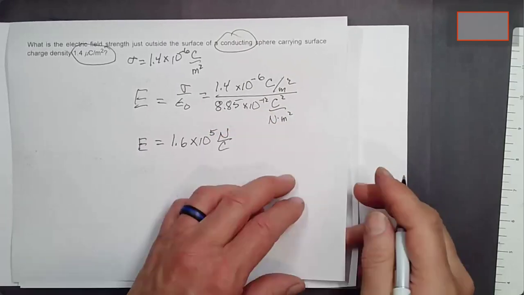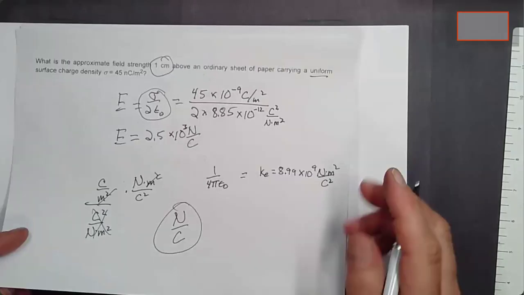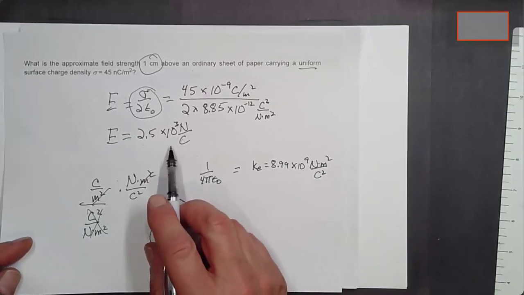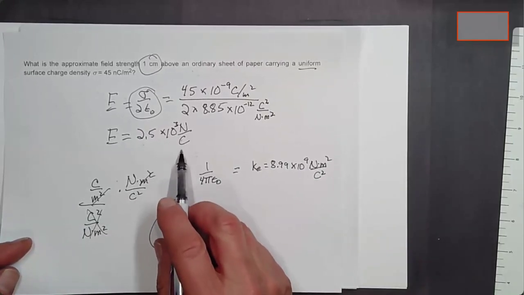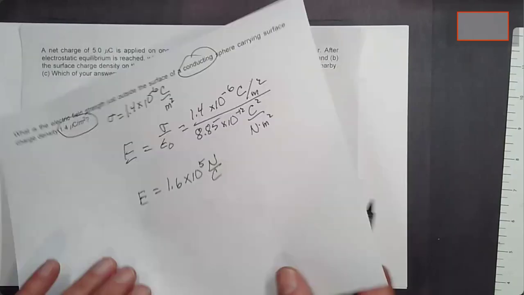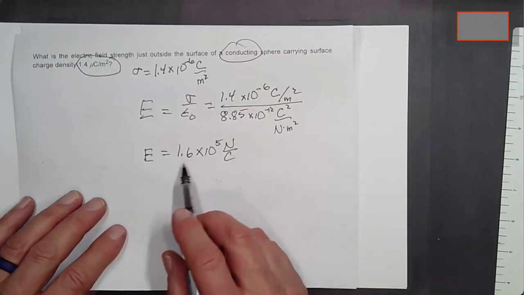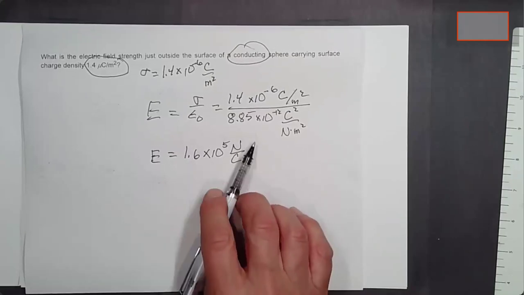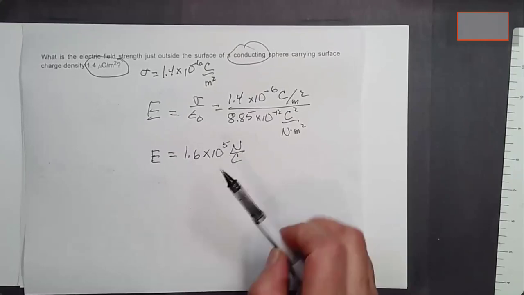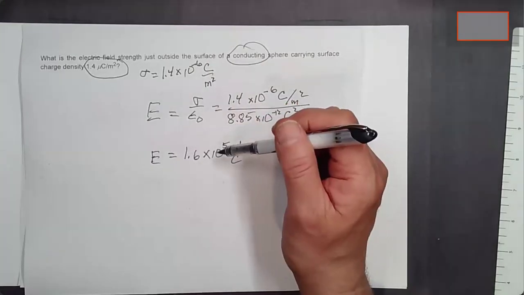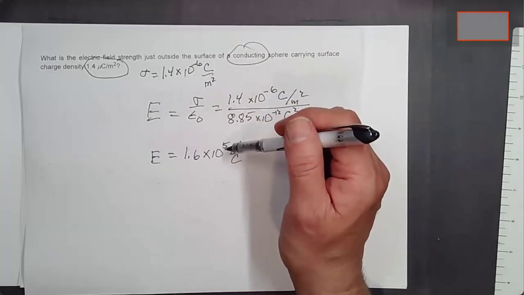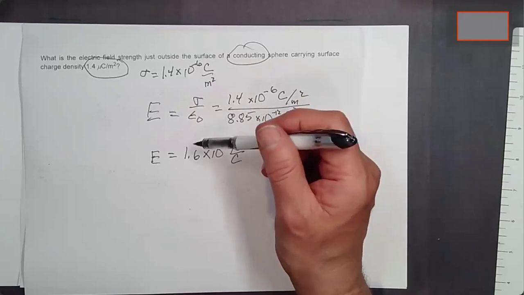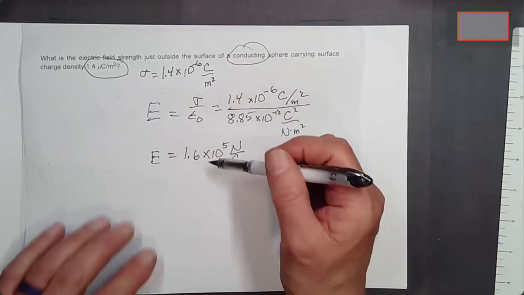On the other one, we had, let's see, 2.5 times 10 to the 3rd Newtons per Coulomb, which is just about 100 times smaller than this. And I can't remember what the dielectric strength of air happens to be, but this may be getting close to it. I'm not positive about that. I'll have to look that up later.